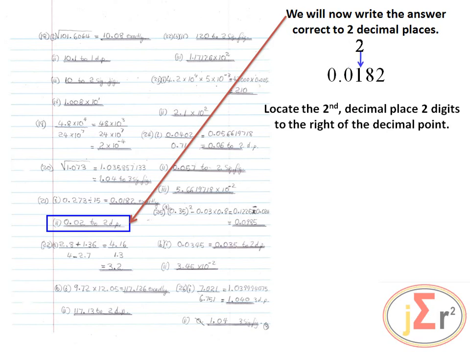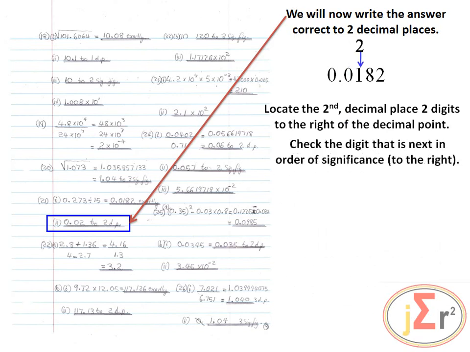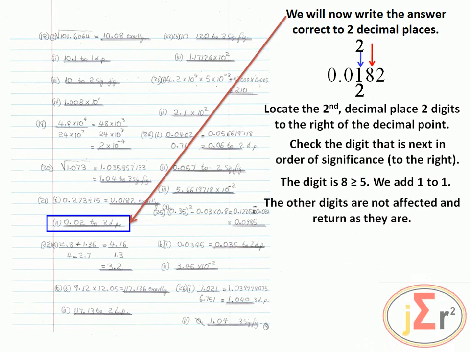That is where it is. Check the digit that is next in order of significance, the one to the right. The digit is 8, which is greater than or equal to 5. We therefore add 1 to the digit in question. The other digits are not affected and return as they are.